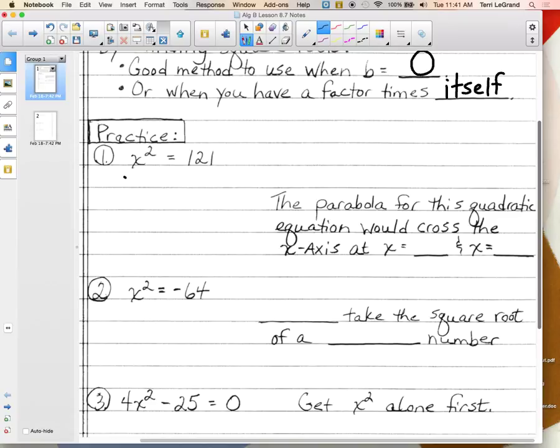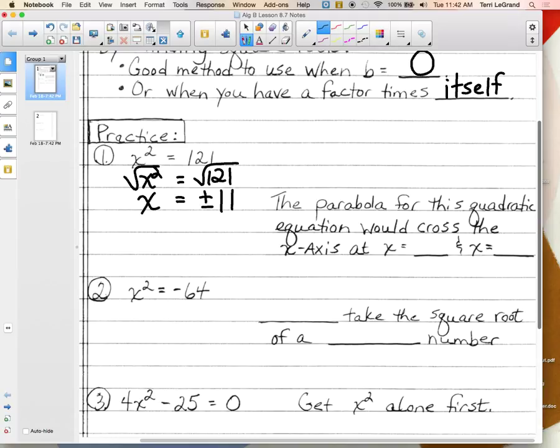Yeah, we're going to take the square root of x squared because we know that the square root of x squared is x. But if we do that to one side of the equation, we have to do it to the other side. So we take the square root now of 121 also, and what number times itself is 121? 11. And negative 11. So we're going to say positive and negative 11, and that's the shortcut way of writing that there are really two solutions. x can be positive 11, x can be negative 11.